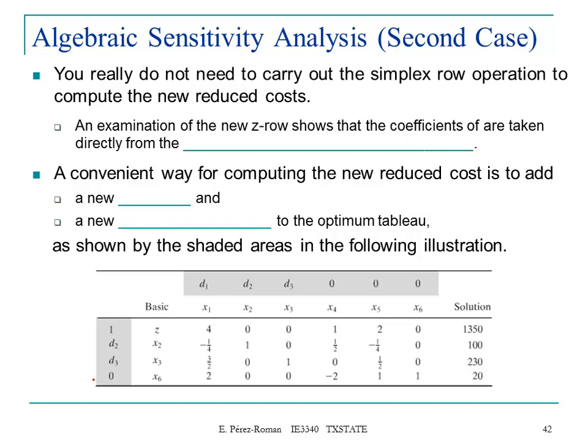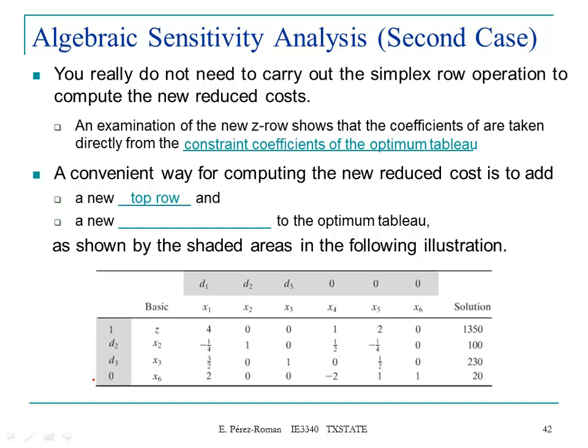You really do not need to carry out the simplex iterations to compute the new reduced cost. An examination of the new zero row shows that the coefficients are taken directly from the constraint coefficients of the optimal tableau. So a convenient way for computing the new reduced cost is to add a new top row, like the one I have here.